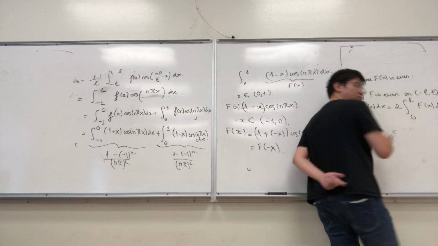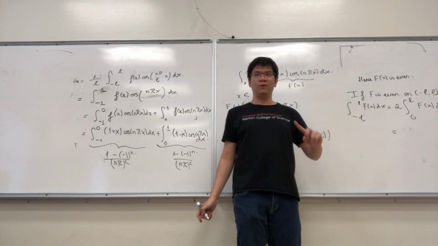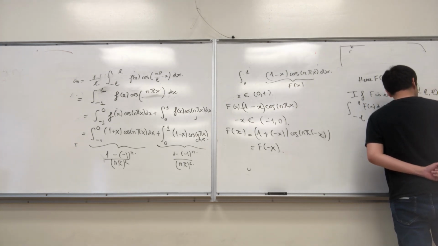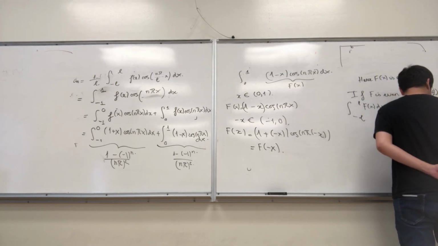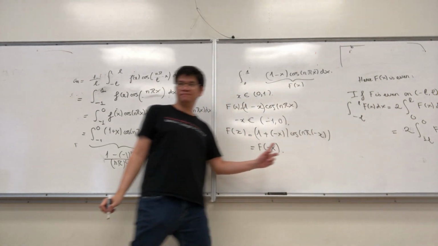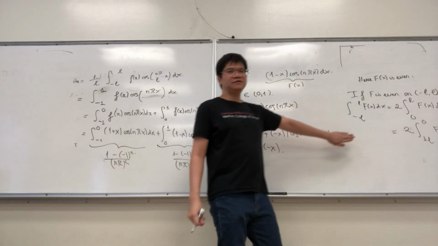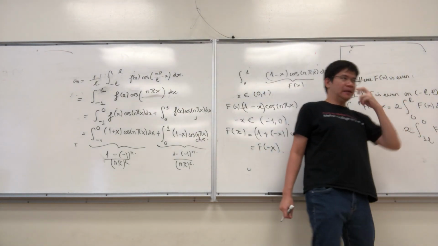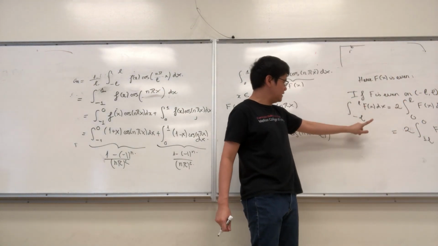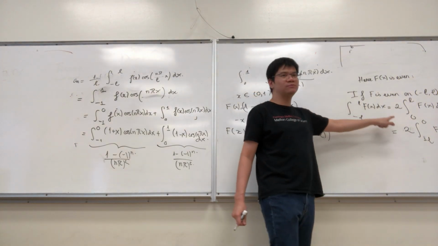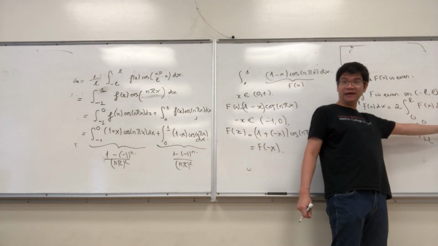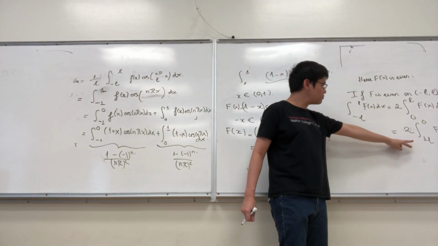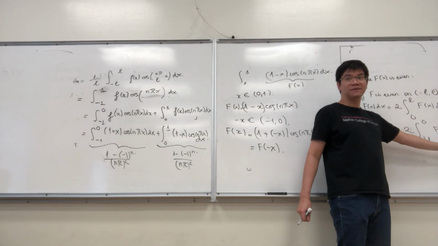But this is also the same as 2 times the integral from minus L to 0 of f of x dx. So in the previous theorem, what I wrote is that if f is even from minus L to L, then the integral from minus L to L of f of x dx will be 2 times the integral from 0 to L of f of x dx. But I did say that this is also 2 times the integral from minus L to 0 of f of x dx.